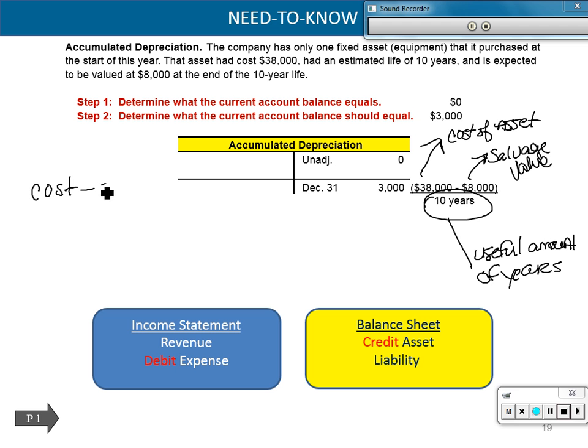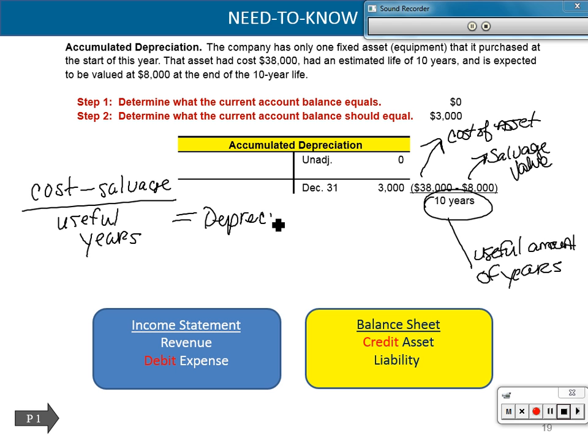Cost minus salvage divided by useful years. Cost minus salvage divided by useful years equals depreciation expense.